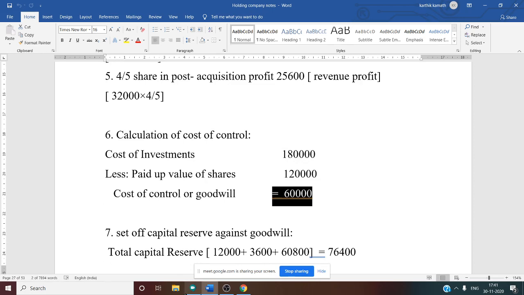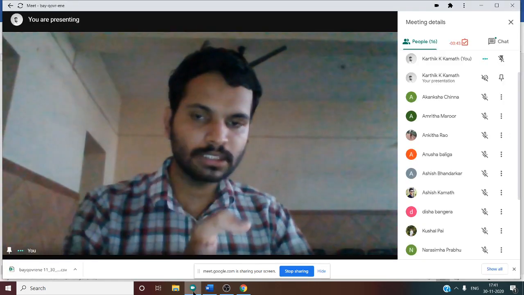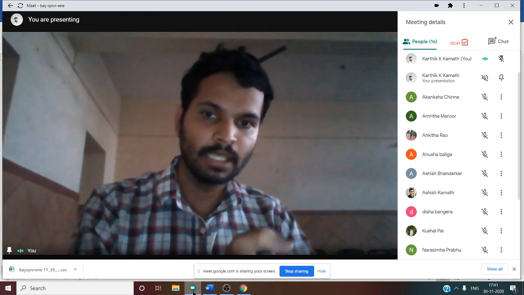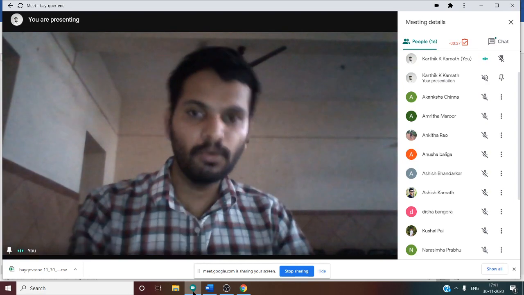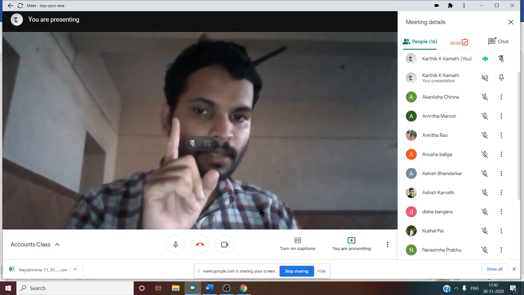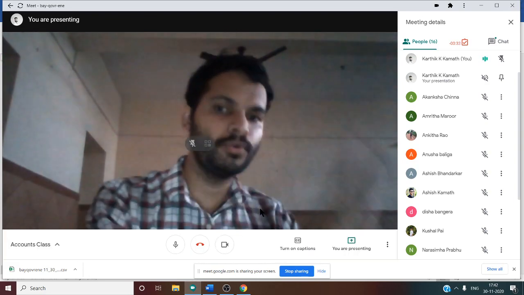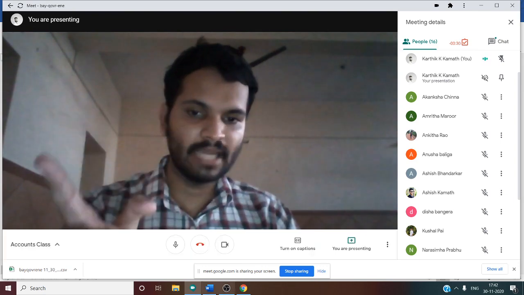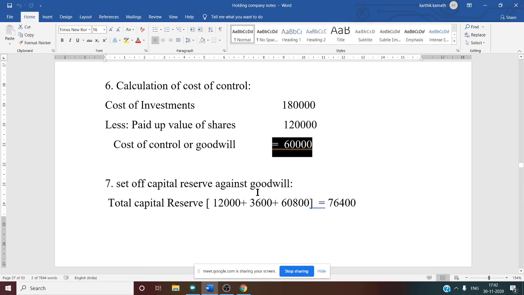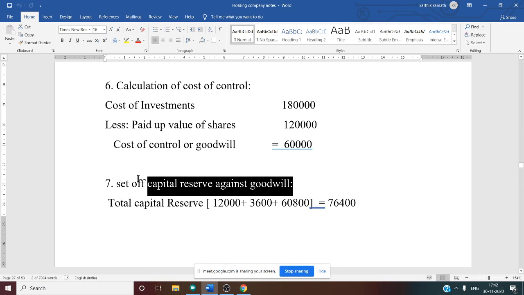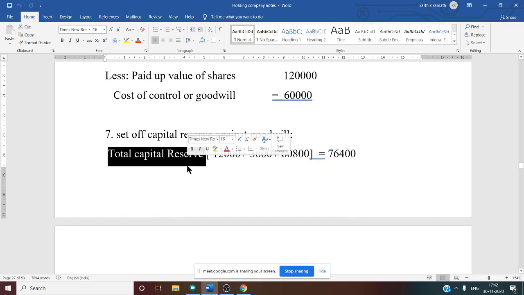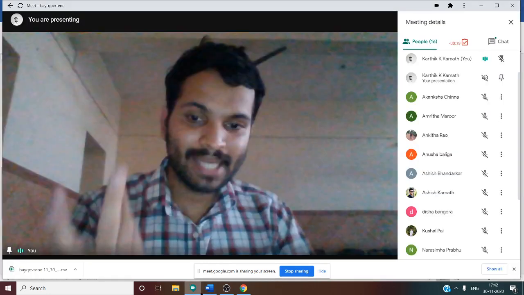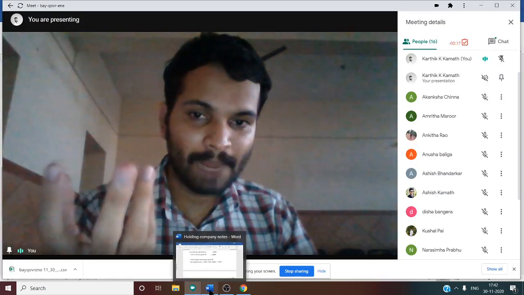After getting the goodwill, as per Accounting Standard 21, that is consolidation of financial statements, you cannot show both. You have to show either capital reserve or goodwill in the consolidated balance sheet. That is why we have to set off capital reserve against goodwill. First one, total capital reserve we want. How can we get this total capital reserve information?